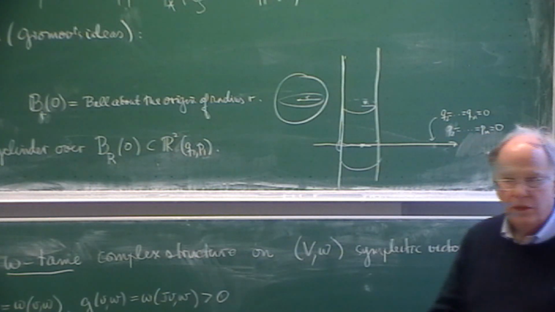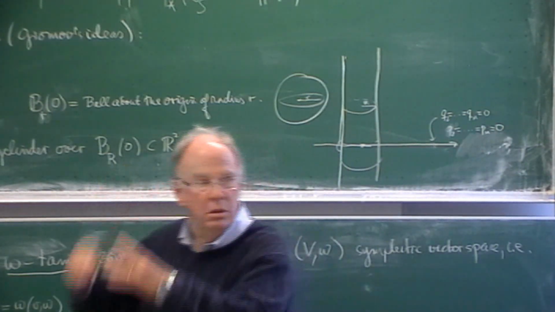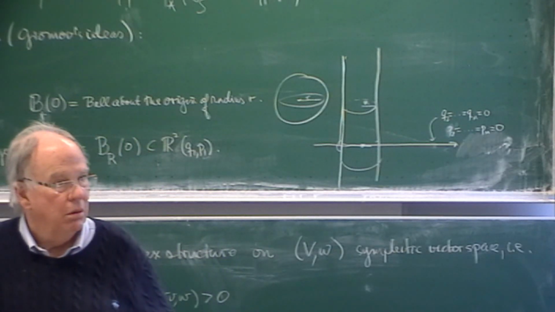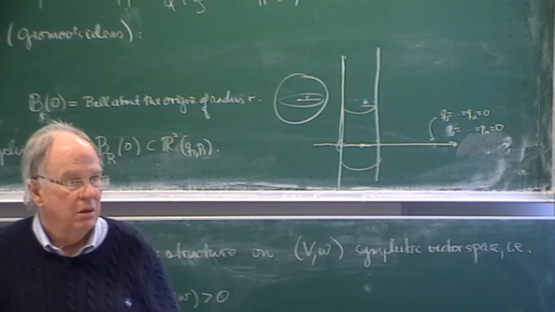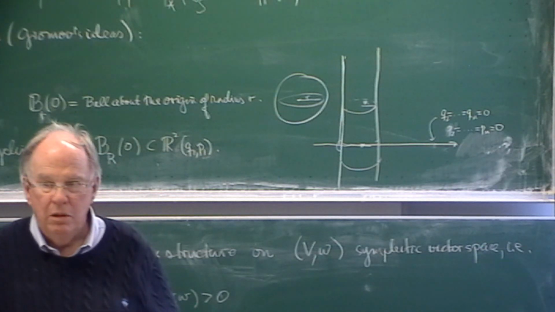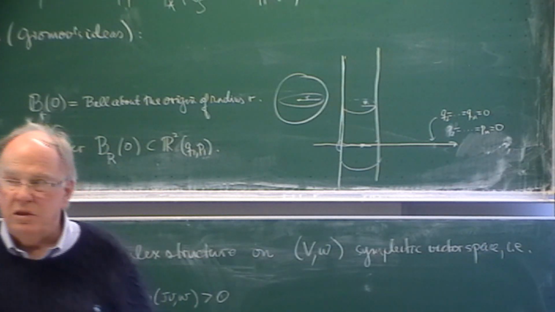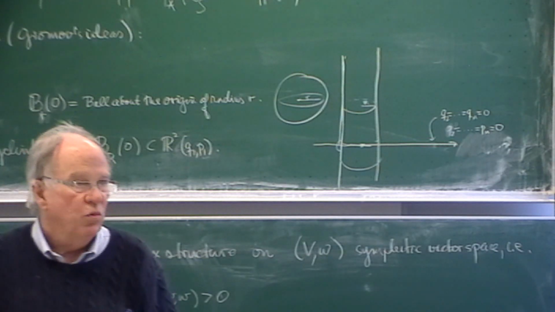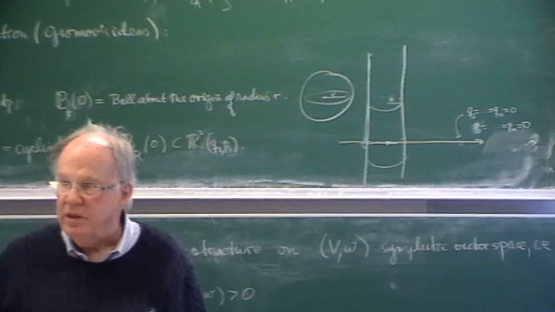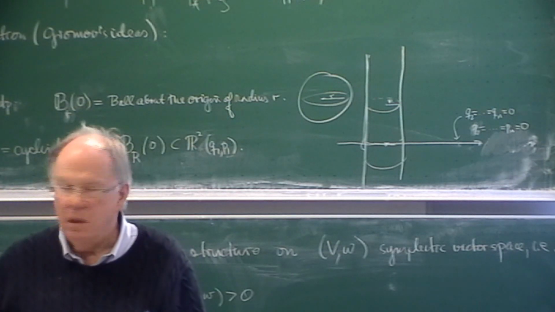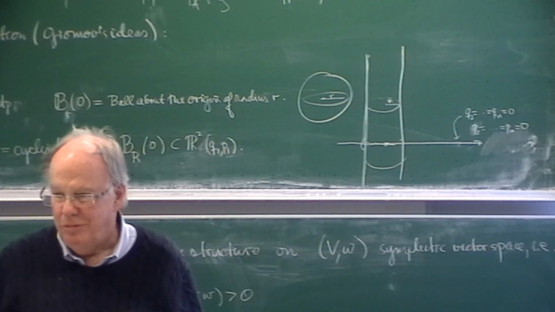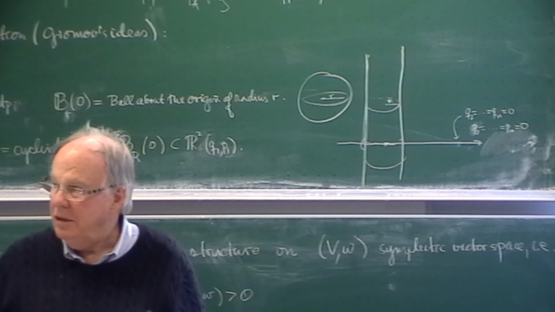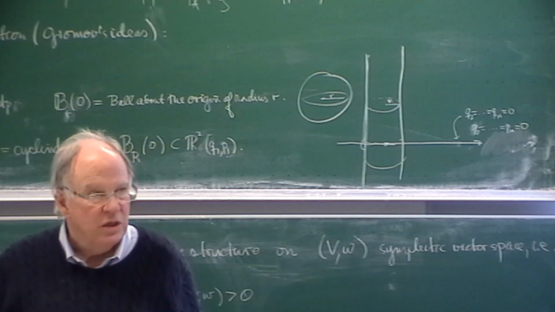Just project over that. Both things are balls, but they're balls in different places. One is the ball of radius big R in the ambient symplectic space. The other thing I call a disc, but it's a ball.